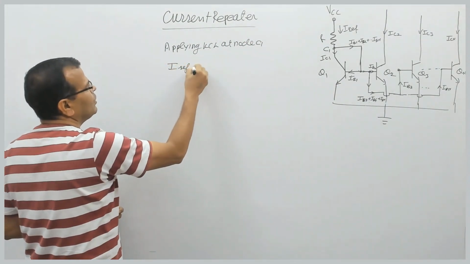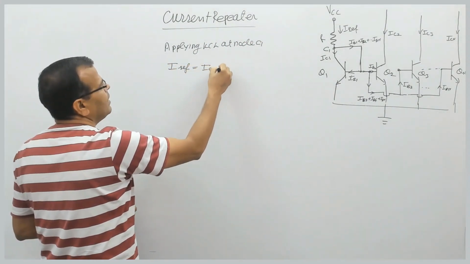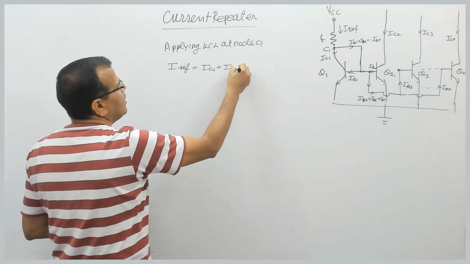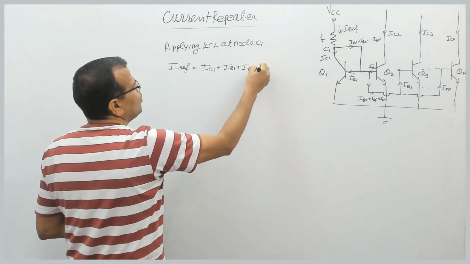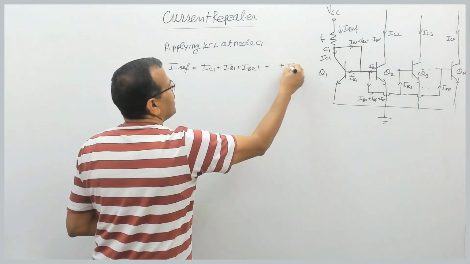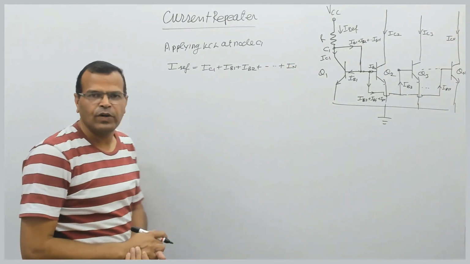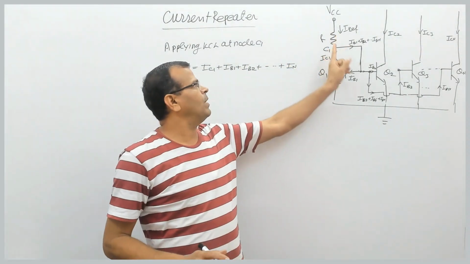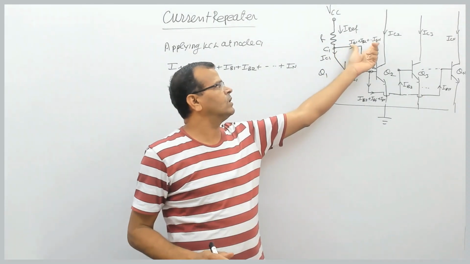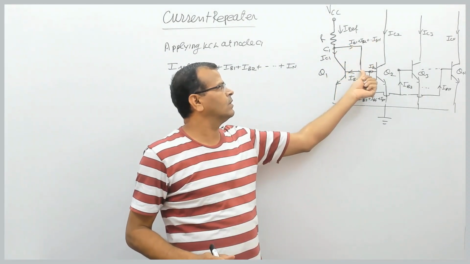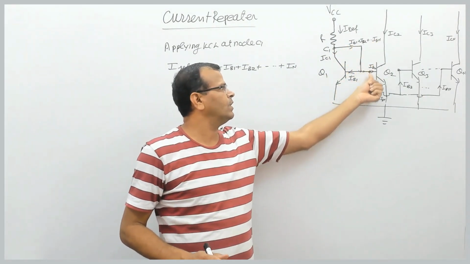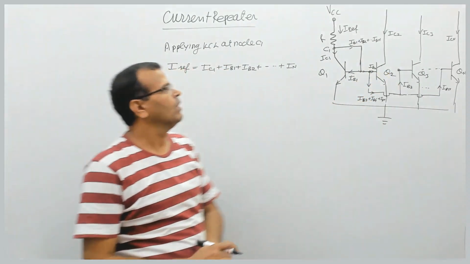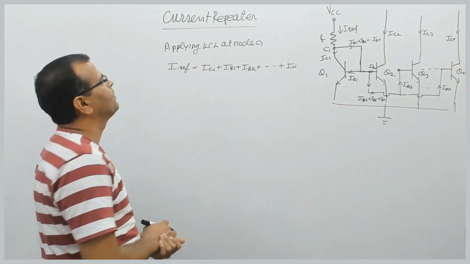IREF is equal to IC1 plus IB1 plus IB2 plus so on plus IBN. This current will be the algebraic sum of this current plus all these currents, the sum of all the currents going this way and this way. We are simply applying KCL, in fact.